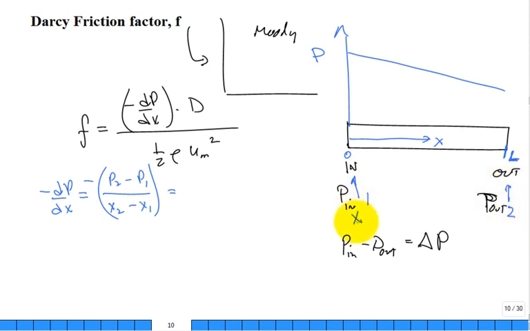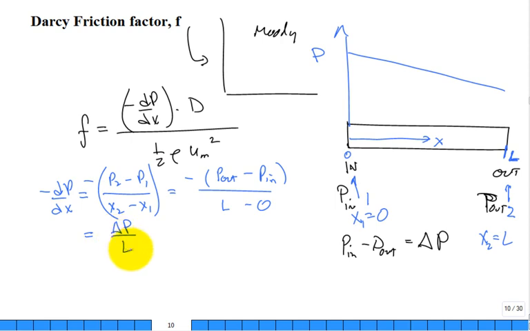So what is x of 1? 0. What is x at location 2? L. Okay, and then what is the pressure at 2? That's my pressure out minus the pressure at 1, the pressure in, and I have L minus 0. And so what you get is negative dp dx is my pressure drop, P in minus P out, divided by the length of the pipe.